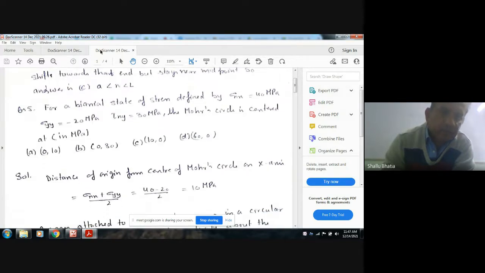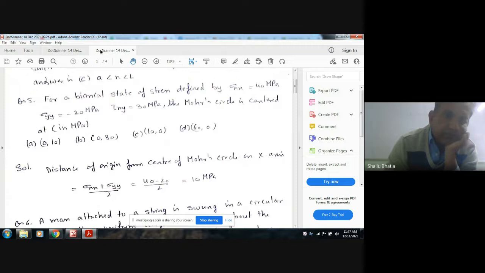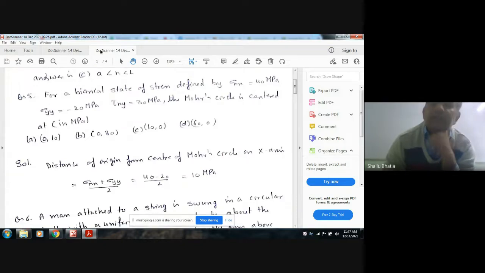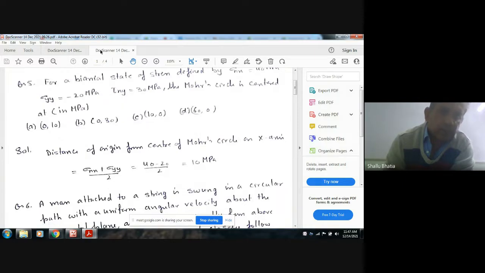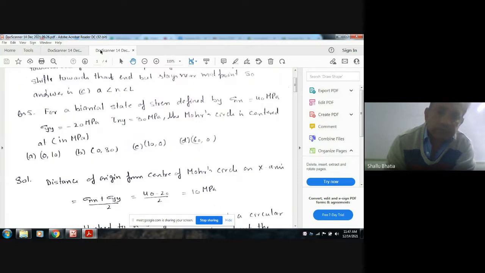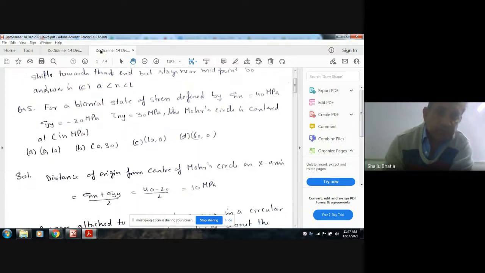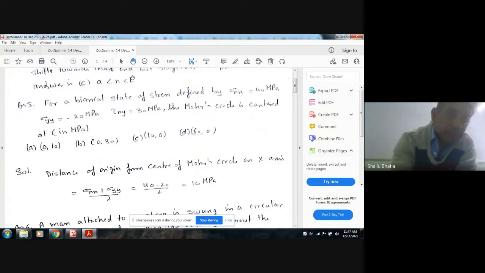Next, for a biaxial state of stress defined by sigma xx equal to 40 MPa, sigma yy equal to minus 20 MPa, and tau xy 30 MPa, the Mohr circle is centered at what value in MPa? The distance of the center of the Mohr circle from the origin is the summation of normal stresses divided by 2.